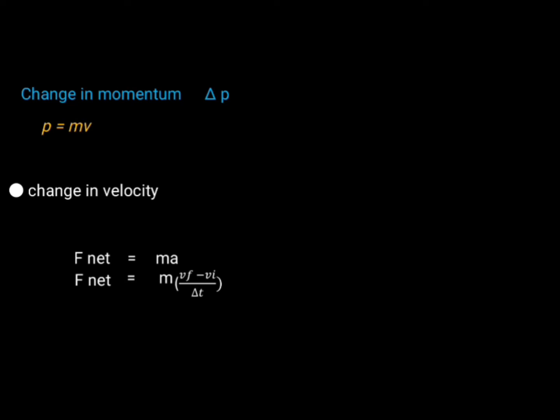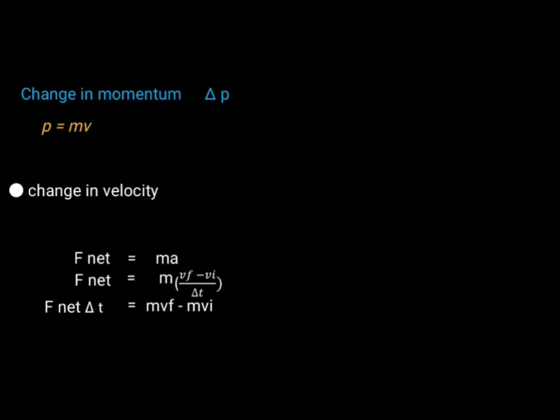From this last formula, if we multiply the left-hand side with delta t, we get F net delta t. The right-hand side, the delta t cancels out, we will remain with mvf minus mvi. The quantity mvf represents final momentum. The quantity mvi represents initial momentum.